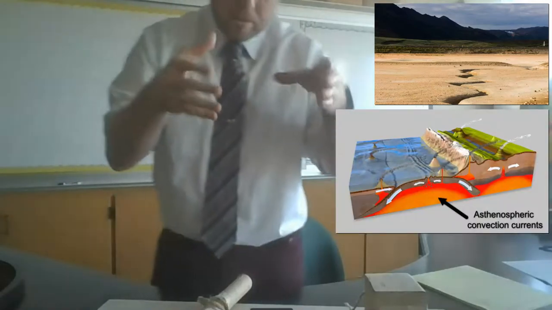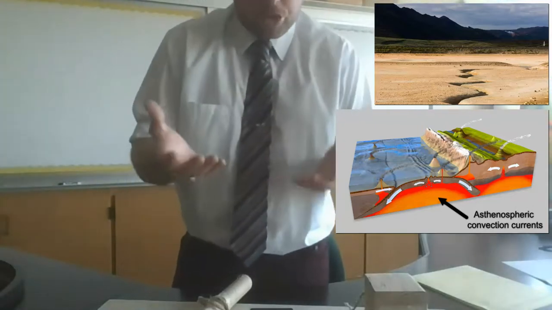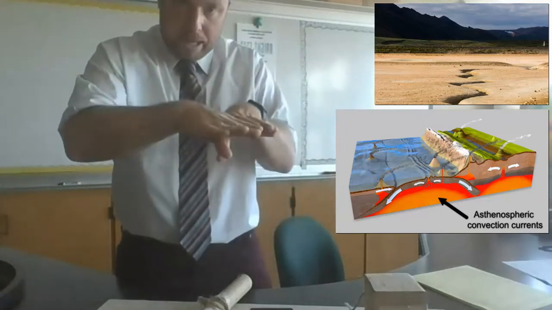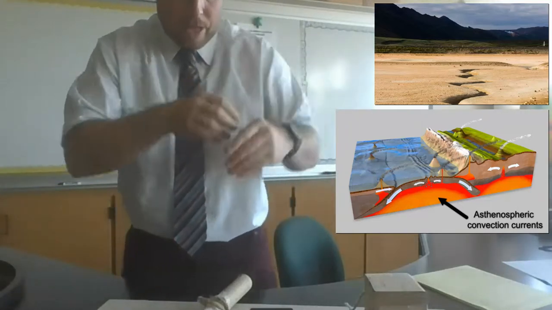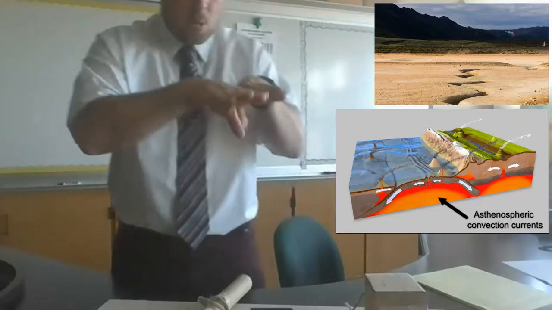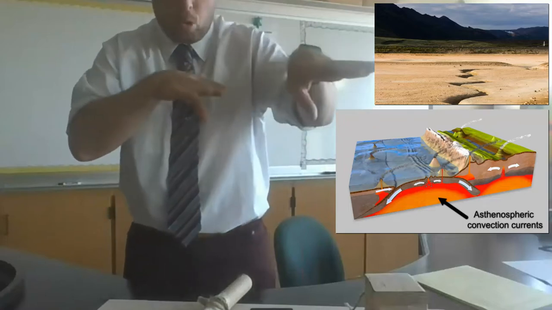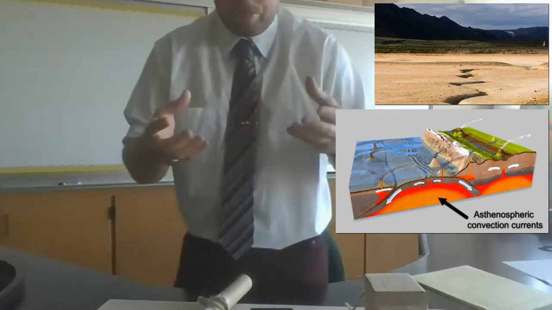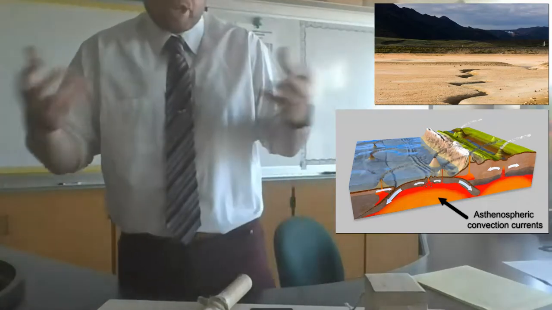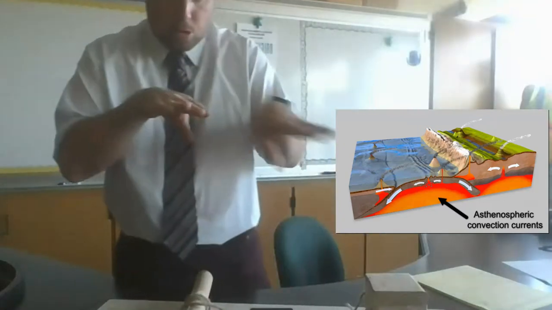Over time, the stress will build up to a threshold where it's too much, and then the plates will slip. That is shown in our dip slip faults or strike slip faults, where one side is going to move or jolt forward, and that is called displacement, and that is where the release of energy comes in. That's where the earthquake actually occurs, at that focus point along the fault line where the movement is.